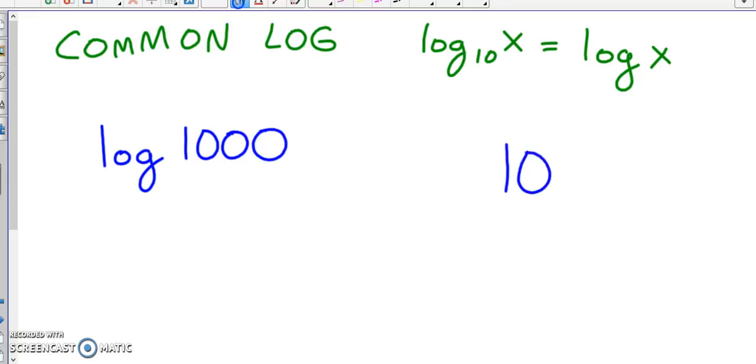So you're literally saying 10 to what power is 1,000? No. 10 times 10 is 100. So what power of 10 is 1,000? 3. 10 times 10 is 100, times 10 is 1,000.